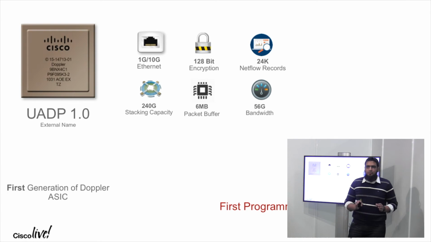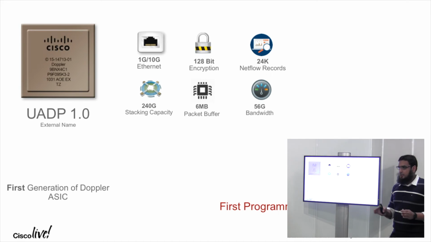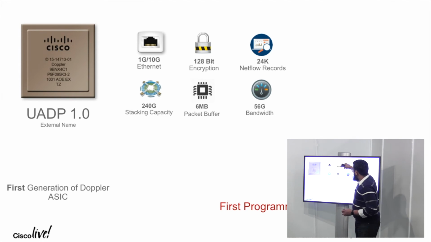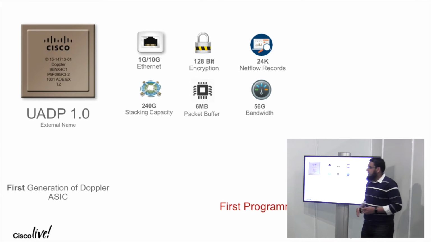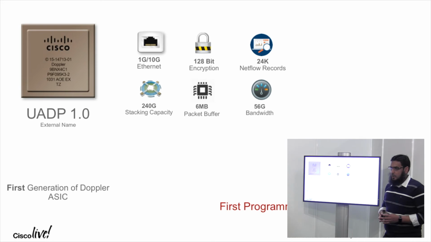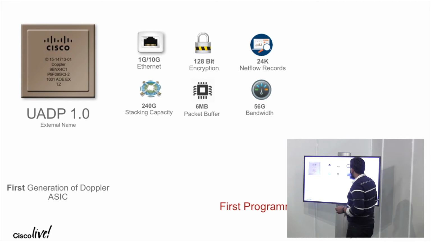It has 240 gig of stacking capacity, and I'm talking about the real number. We can get up to 480 gig with spatial reuse. That's more of a marketing number. 128-bit encryption. It comes with 6 meg of packet buffer. Okay, compare that to the previous generations. You used to have just 2 meg of packet buffer.